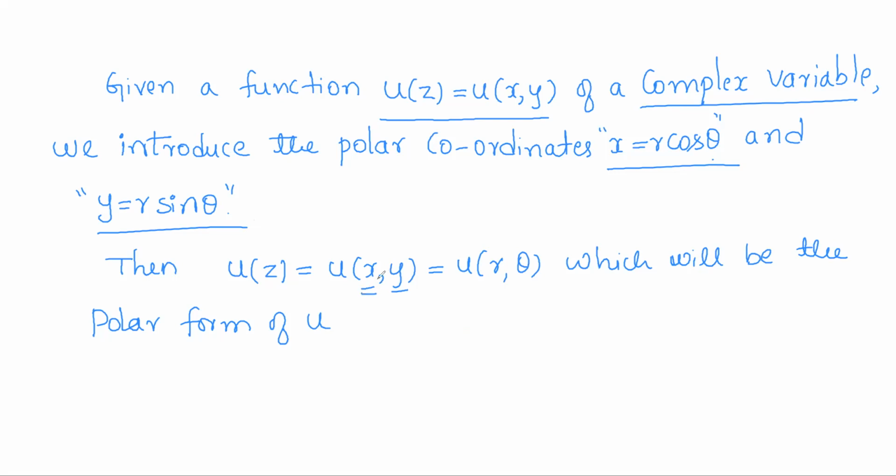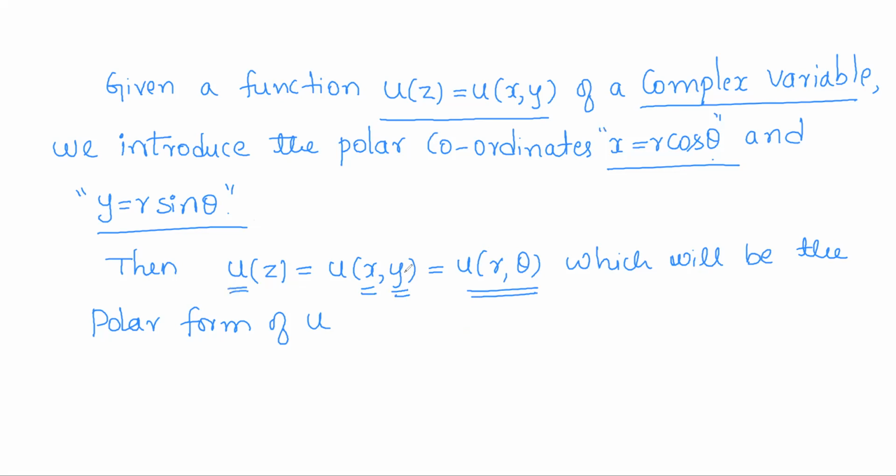After representing x and y in terms of r and theta, u will be a function of r and theta. So basically u is in terms of z, z can be represented in terms of x and y, and now x and y are represented in terms of r and theta.